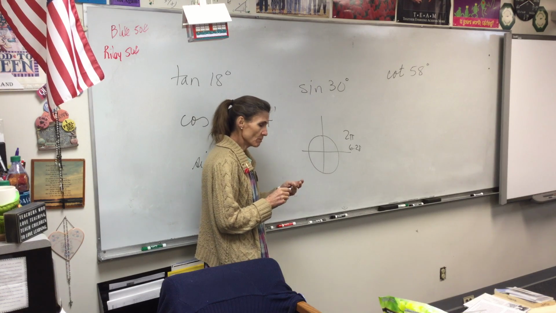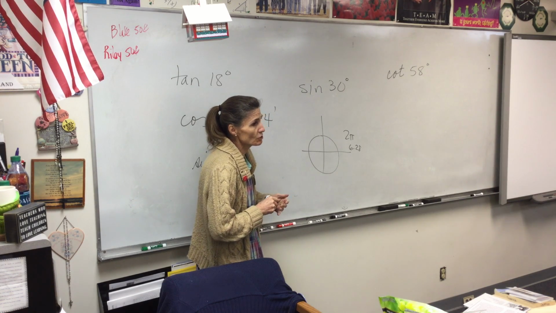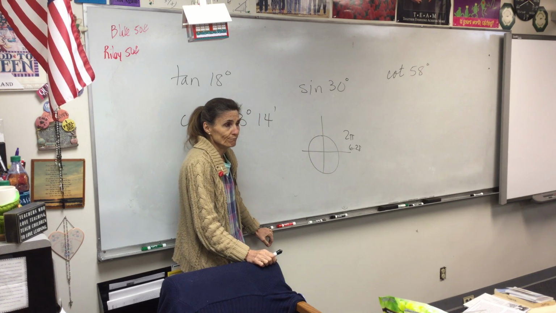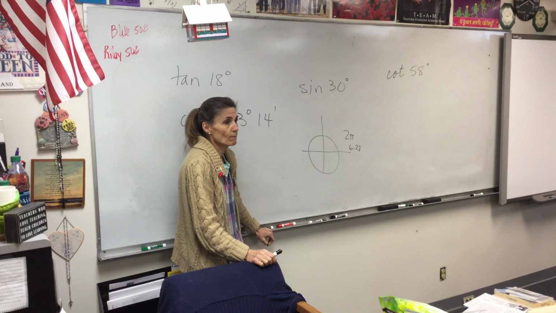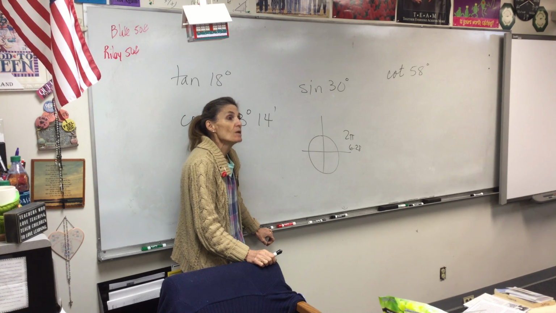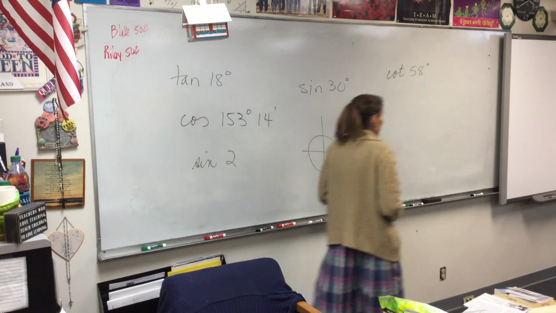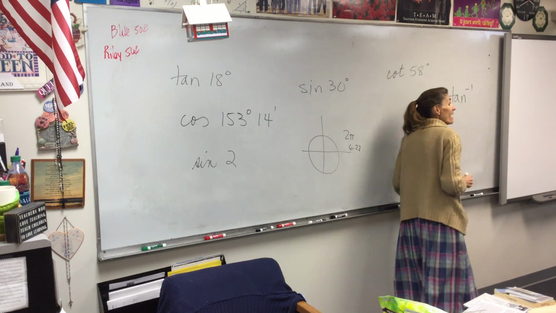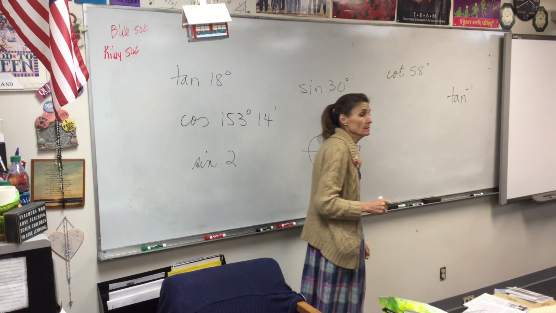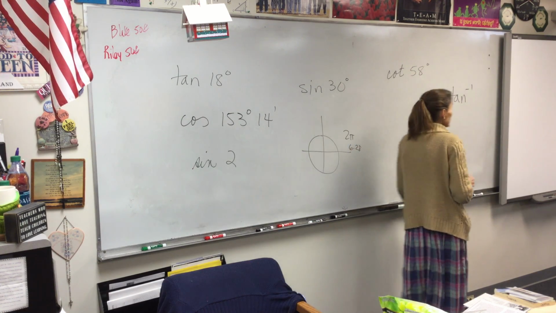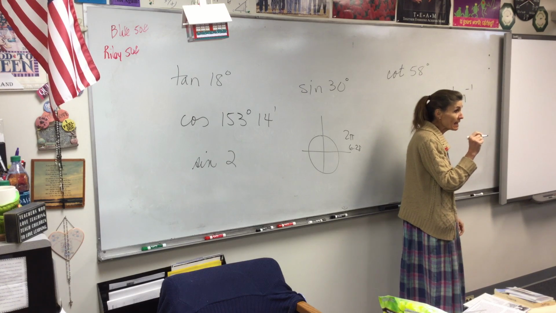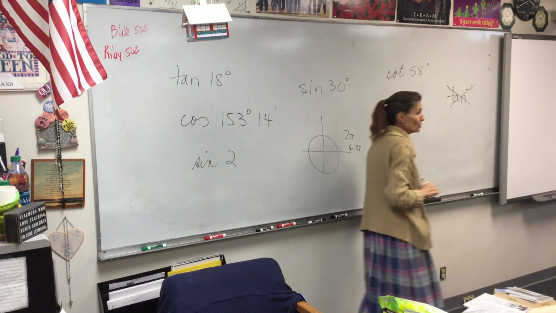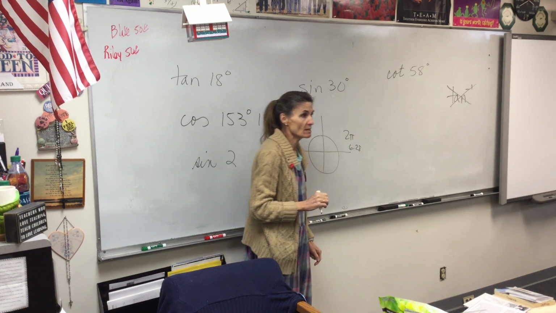You paid $100 for this calculator, and there's no cotangent button. Any ideas, Trevor? No. That button means something entirely different. That does not mean cotangent. I understand why you would think that, but it doesn't. So do not ever use that button for a cotangent.